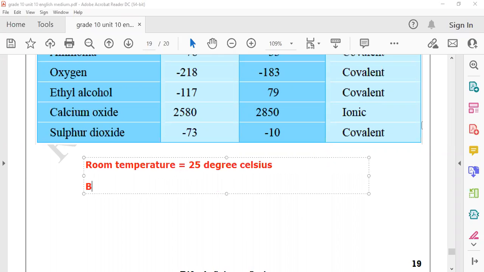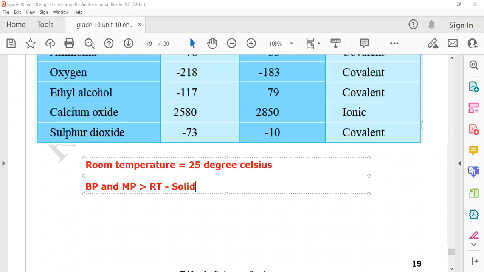If the boiling point and melting point are greater than the room temperature, both should be greater than 25.